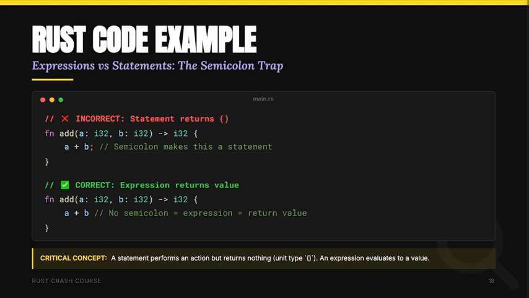An expression evaluates to a value. Every time you see a strange type error in Rust about expecting a type but getting unit, check for an accidental semicolon on your last line. It's one of the most common beginner mistakes.